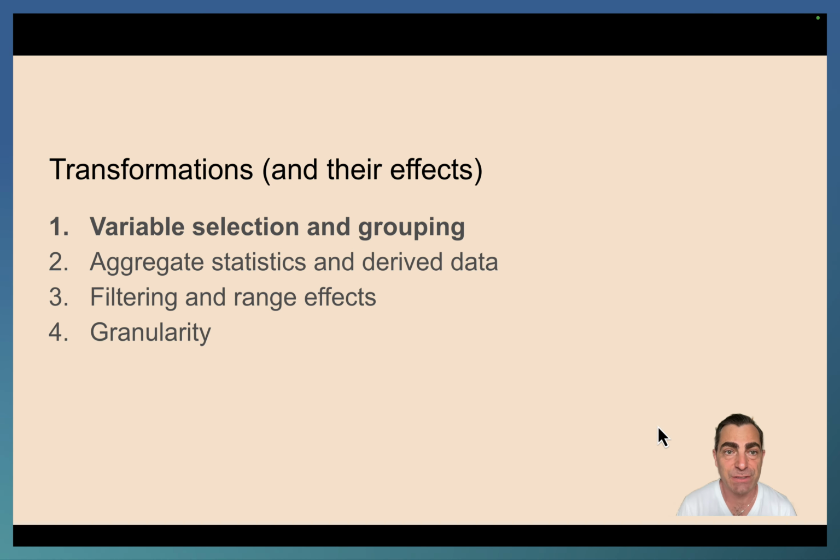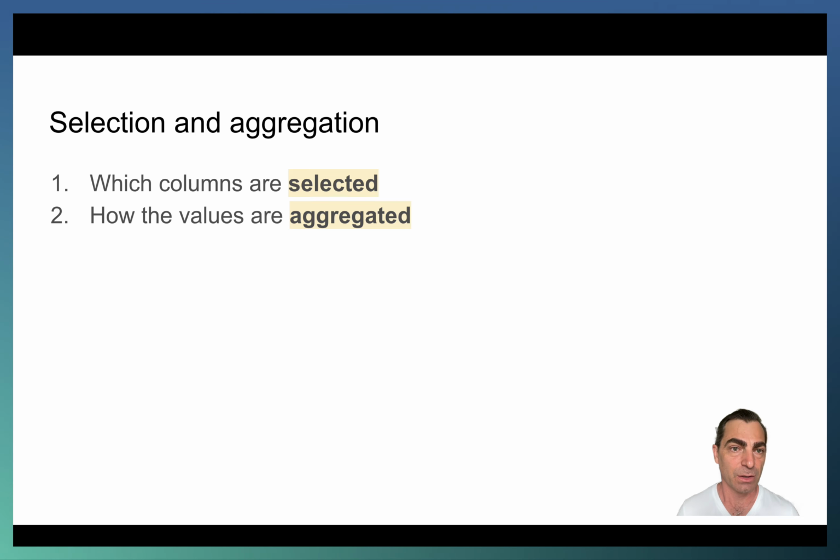The first type of transformation that we consider is variable selection and grouping. This is exactly the same as the one that I just mentioned in the previous example. So let's dive a little deeper into what selection and aggregation mean. First, it means that we will have to select which columns from the table we will use to extract the information that we need.